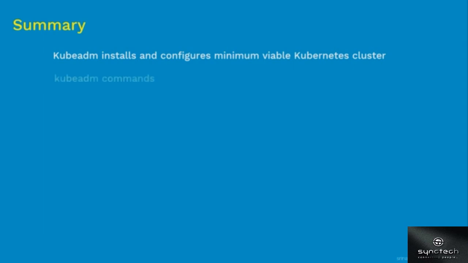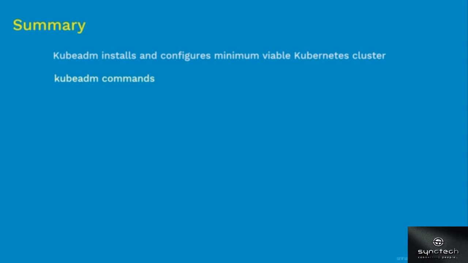In this video, we first discussed what is kubeadm and what it does. Kubeadm is a command line utility which helps us with installing and configuring Kubernetes cluster. Then we discussed kubeadm commands such as kubeadm init to initialize the Kubernetes cluster, kubeadm join to join the worker node to the cluster, and more.